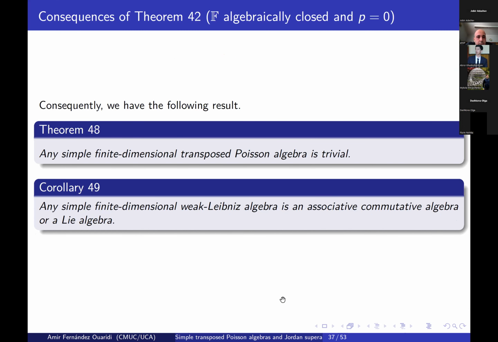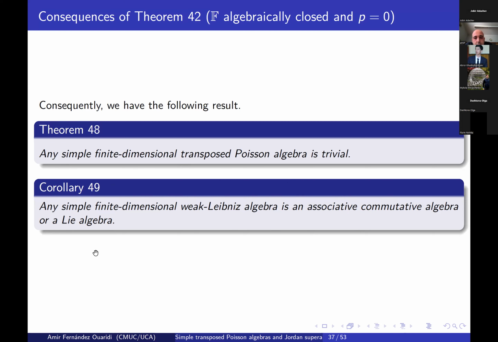Now, as a consequence of this theorem, we have the following result. Any simple finite-dimensional transposed Poisson algebra is trivial. Also, by this result, if you remember, I defined these weak-length algebras. For weak-length algebras, we can also prove that the simple finite-dimensional ones are either associative commutative algebras or Lie algebras.